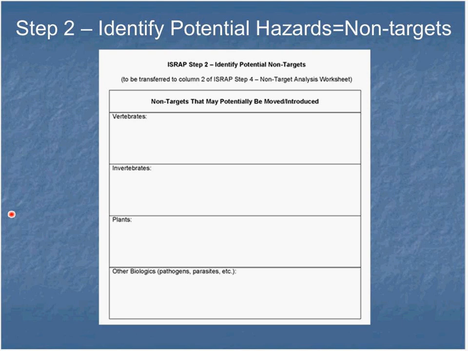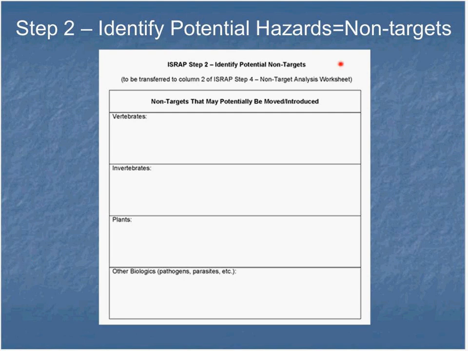But it's important to note here the vertebrates, invertebrates, plants, and other biologics. I went through and showed you a few of those examples. What you want to do with this is consult local experts. It doesn't need to be a complete and total species list here, but highlight species that are out there.